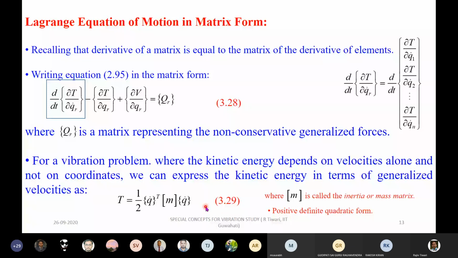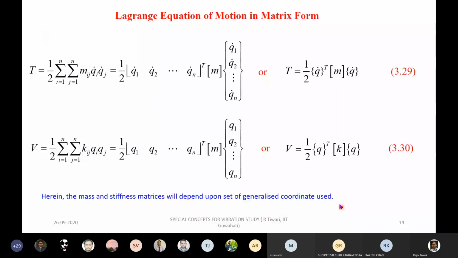So this is called the positive definite quadratic form of the kinetic energy. The expanded form, and how it can be clubbed into a vector and matrix form, is shown here. The q dot vector can be represented like this, with a transpose because it is a row vector, and here is a column vector.